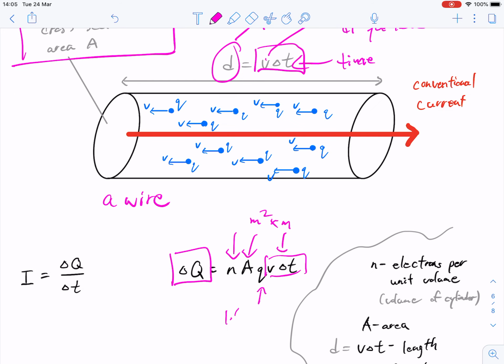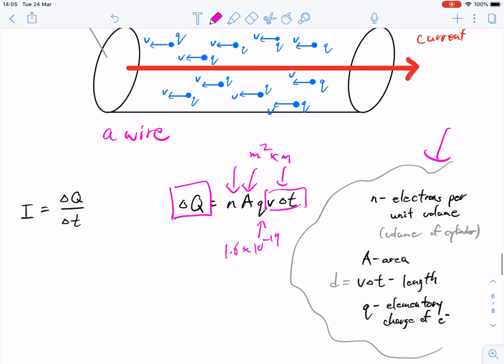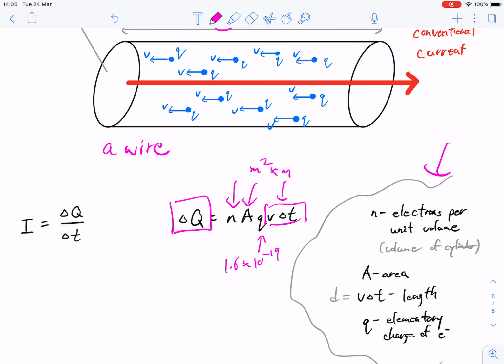And usually this is the elementary charge, 1.6 times 10 to the negative 19th. So I've got some notes on the side here to represent what I've been talking about. So the number of charges multiplied by the charge that they carry, along with the volume that they're moving through, is what we call our delta Q, the change of charge per unit time in a current.